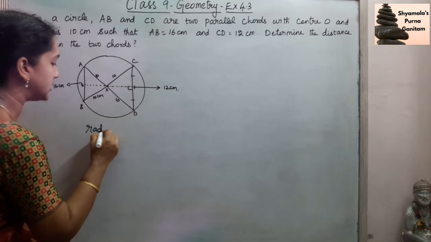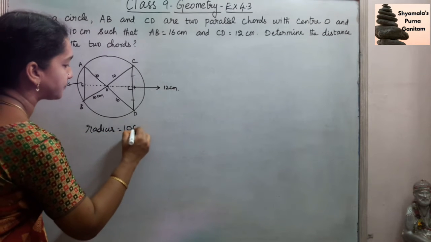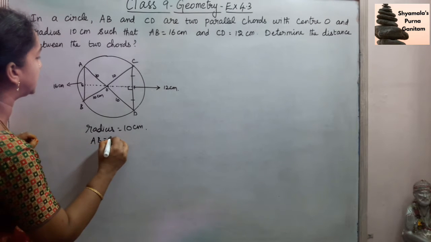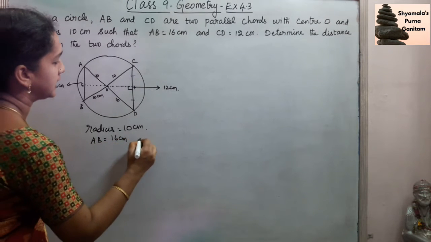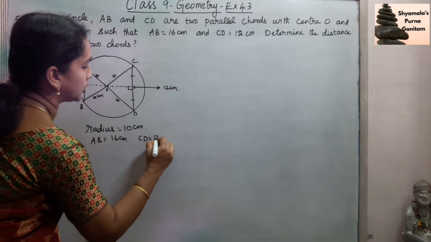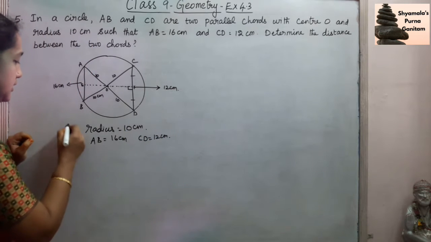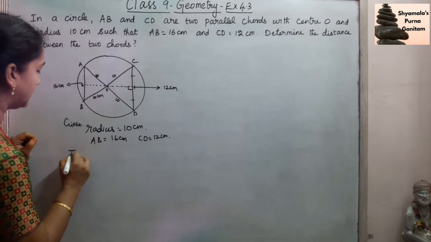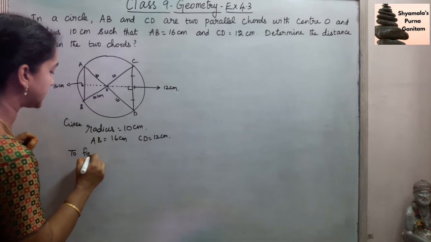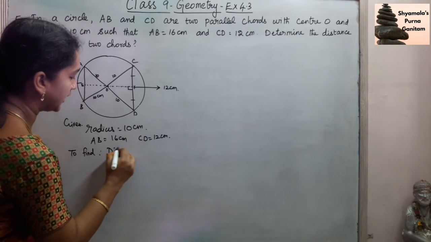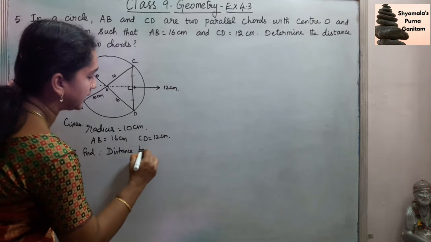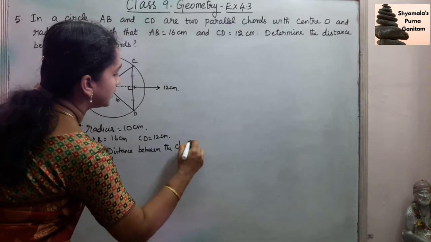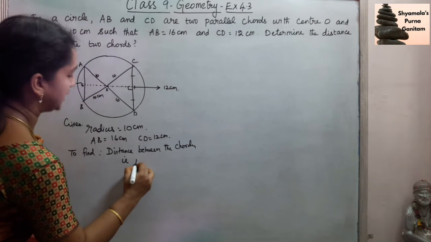Radius is equal to 10 centimeter. AB is equal to 16 centimeter, and CD is equal to 12 centimeter. These are all the things given. We need to find the distance between the chords, that is EF.